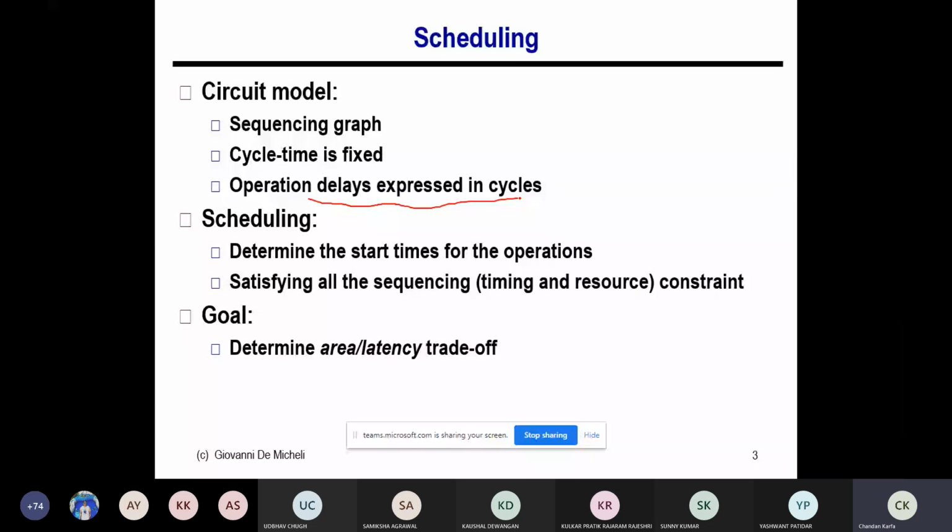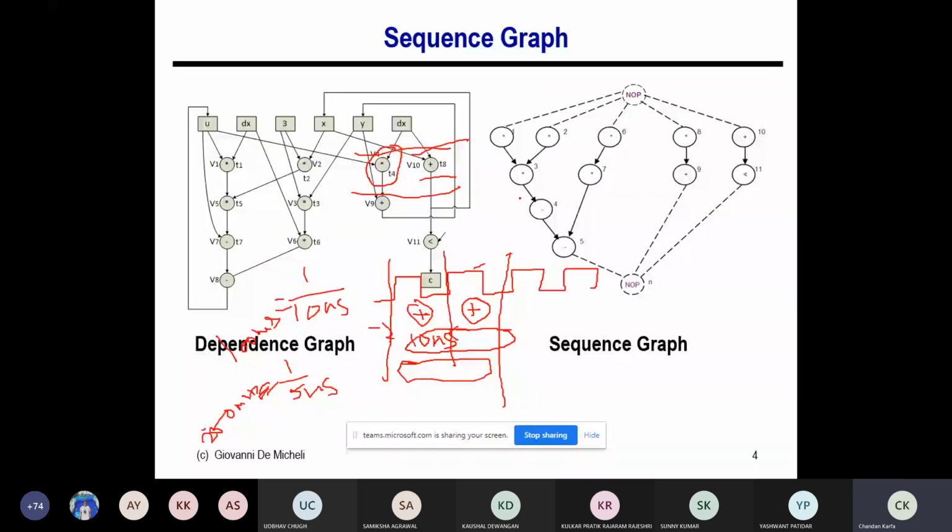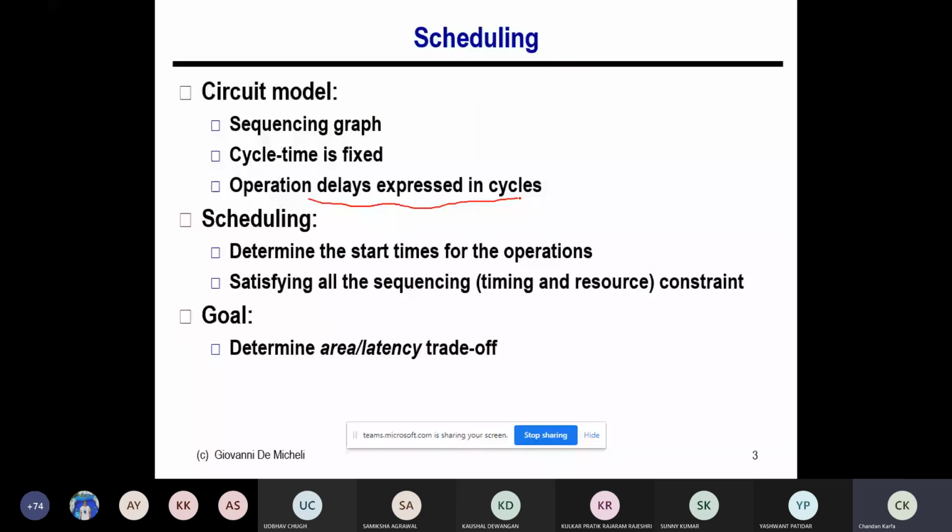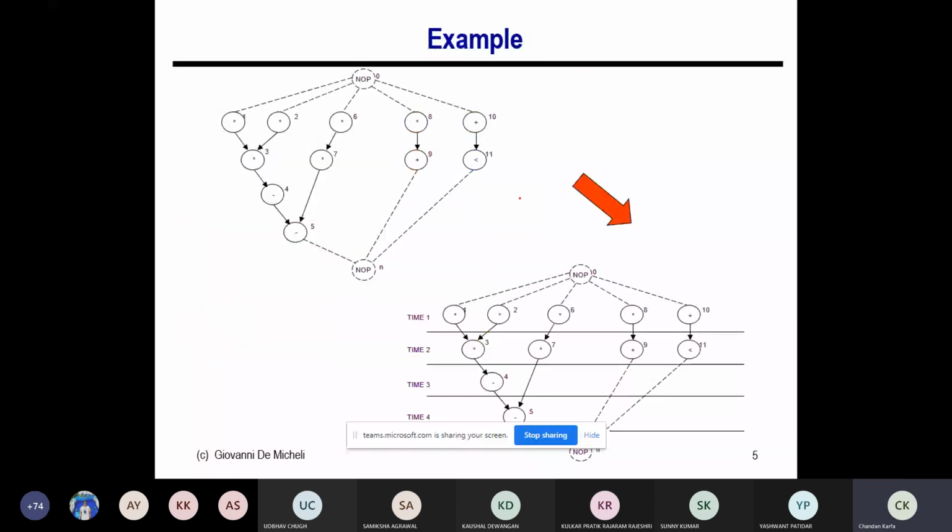Once you do the scheduling, you have to keep your objective in mind, and based on this optimization constraint you can have different kinds of scheduling. The example I have put here is basically scheduling as assigning time steps, which you already know.